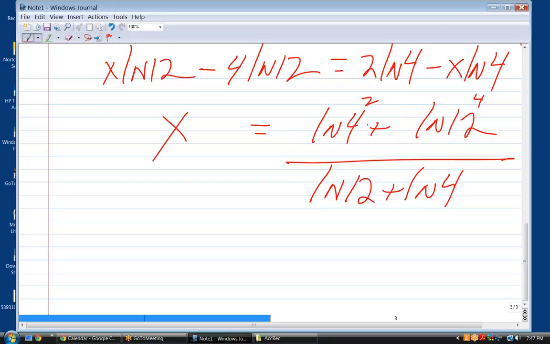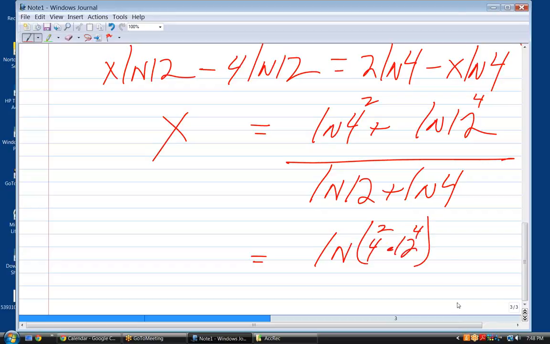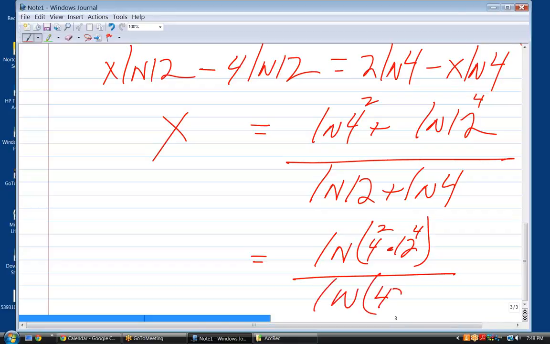In other words, the natural log of 16 plus the natural log of whatever that number is going to be is the natural log of the product, right? Same with the bottom. So we're going to have on top the natural log of 4 squared times 12 to the 4th. And on the bottom, we're going to have the natural log of 12 times 4, 48.